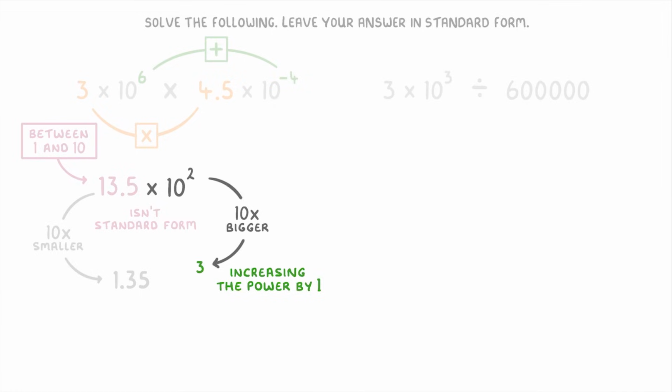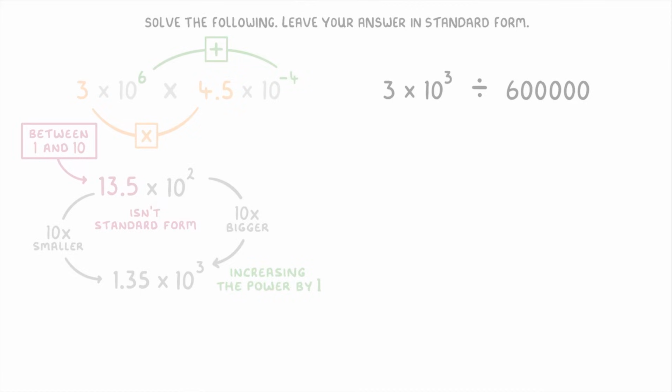To get a power of 3 rather than a power of 2. So overall, our answer is 1.35 times 10 to the power of positive 3. And remember that this has exactly the same value as 13.5 times 10 to the power of 2, it's just that this one is correct standard form.